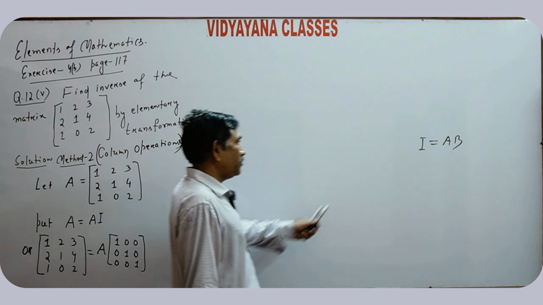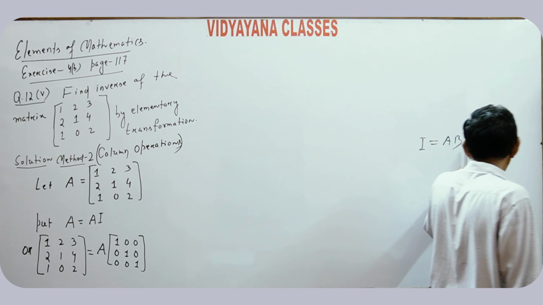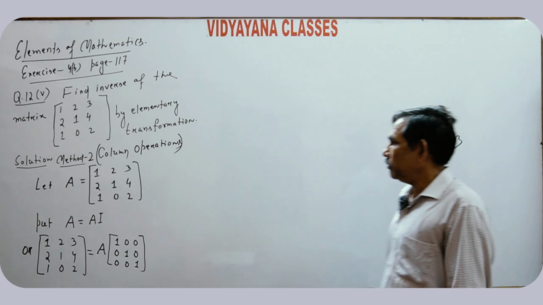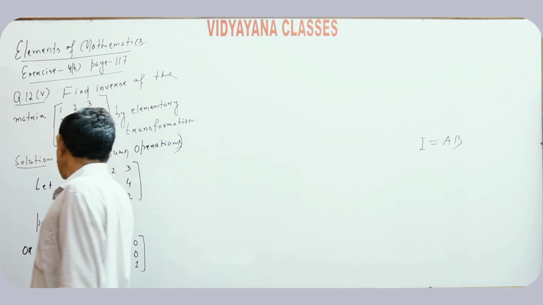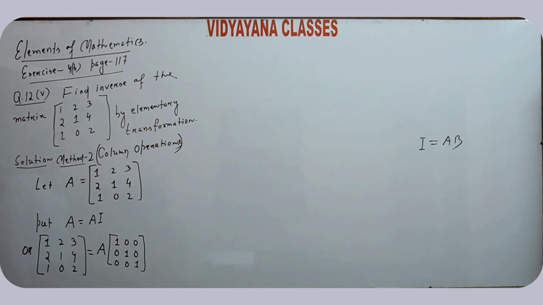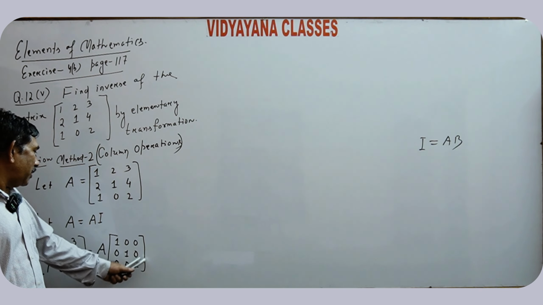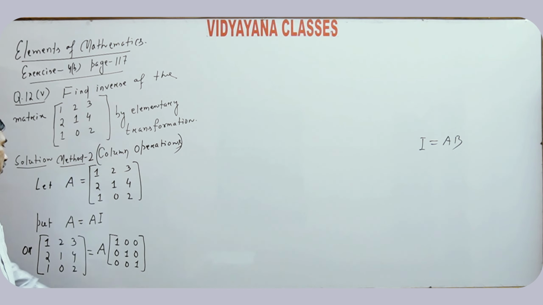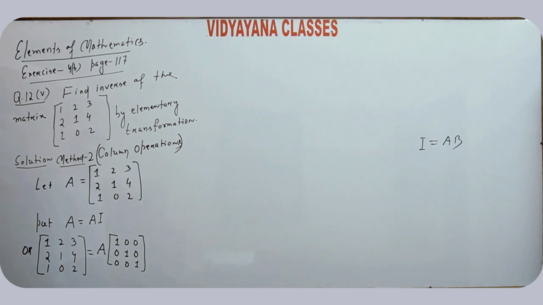If this is achieved, then B will be the inverse of A. Using column operations, we will convert the left hand side to the unit matrix, and the unit matrix on the right hand side takes the form of B, so that B will be the inverse of A.